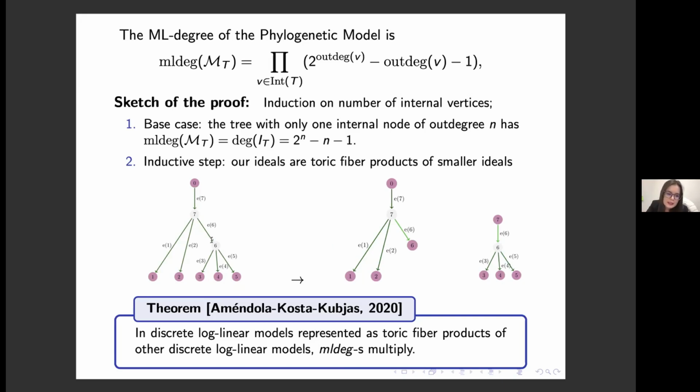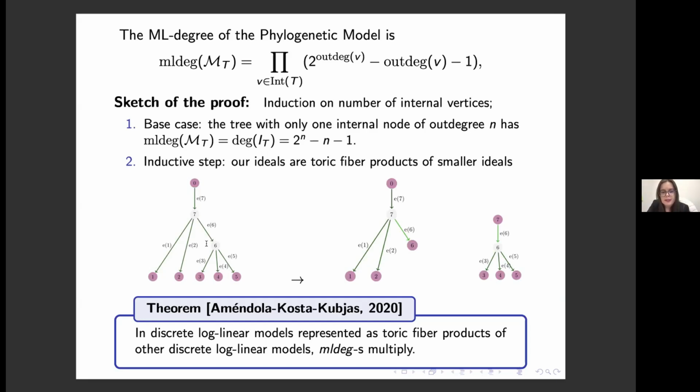Take the edge E6, and then remove whatever comes after the vertex 6. Then we get the first tree, and for the other tree, remove what is different from 7. So take 7 to be the root of the other tree.